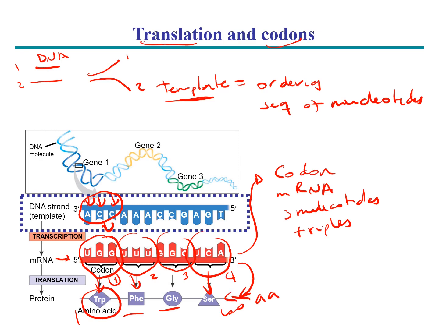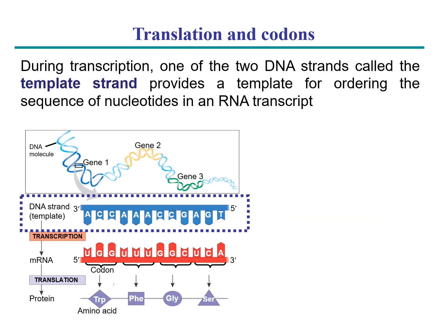So let's recap all the things that we have talked about. I told you that during transcription, one of the 2 DNA strands, called the template strand, provides a template for ordering the sequence of nucleotides into the RNA transcript.